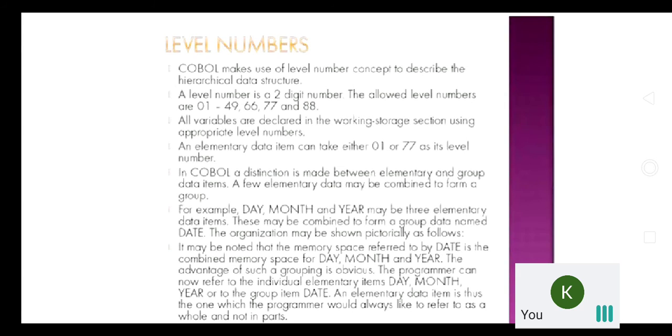Now the date, the group data item, is going to occupy a total of 4 KB of memory space in the computer. So the memory spaces occupied collectively by your elementary data items are assigned to your group data item.